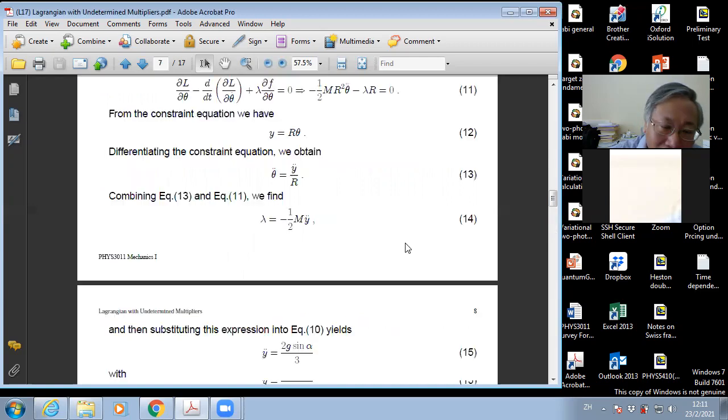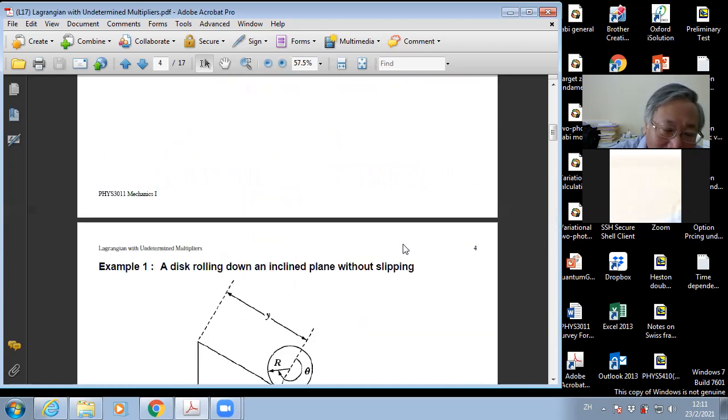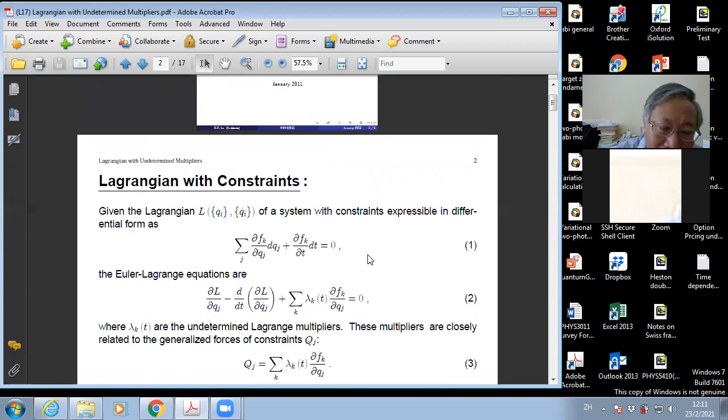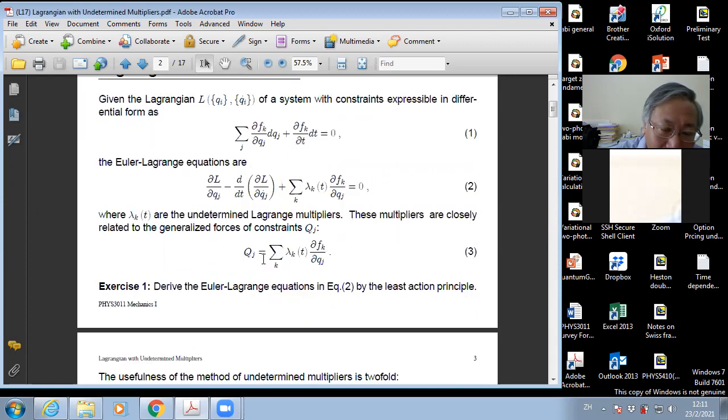Now, how can we define this as generalized forces of constraints?